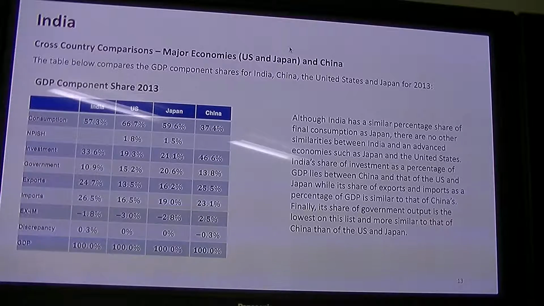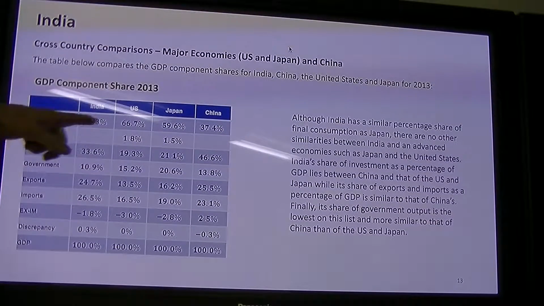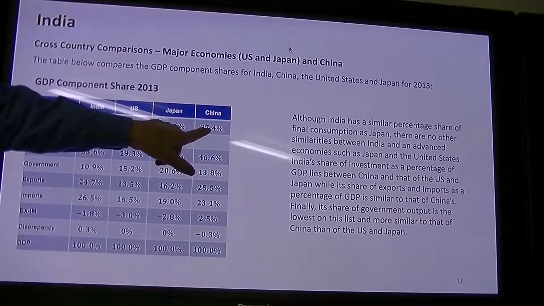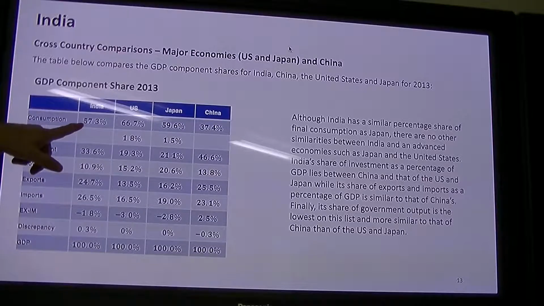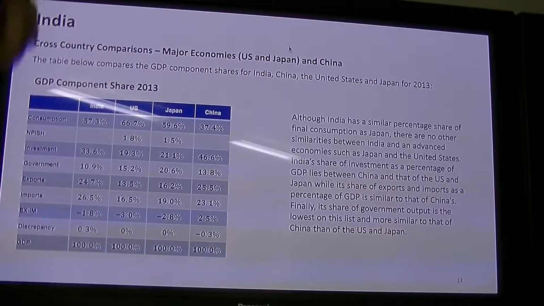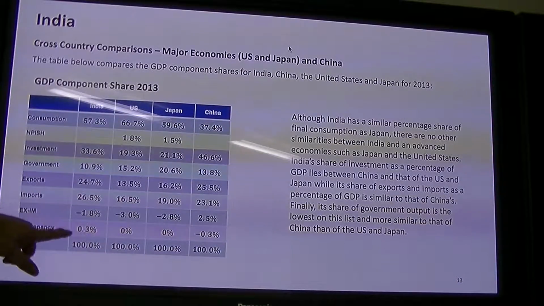If you look at China, I would expect that, compared with India, the savings rate in China is much higher. So that's going to be reflected in this lower consumption figure, versus the higher consumption figure in India, which is another thing driving this negative net exports.